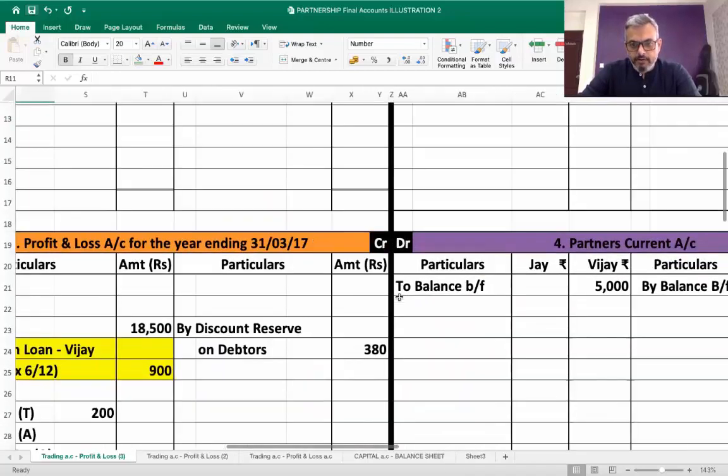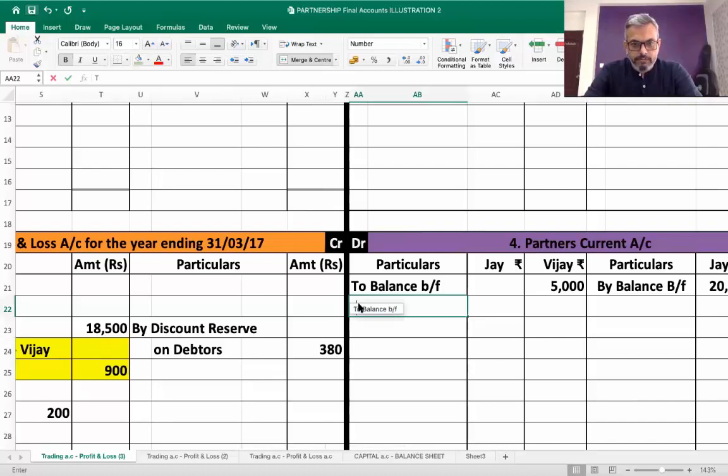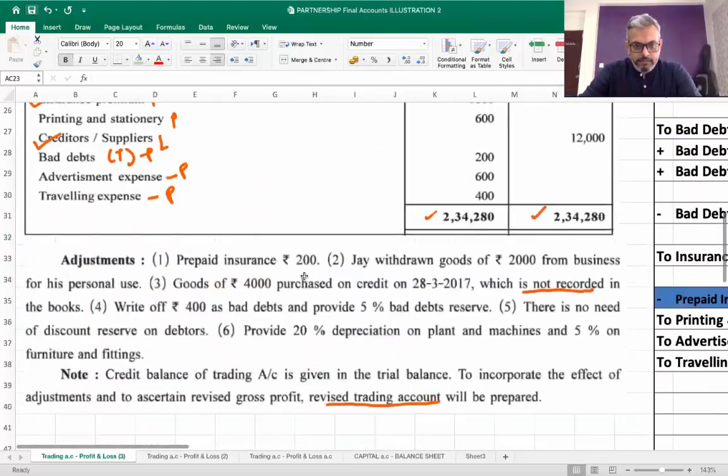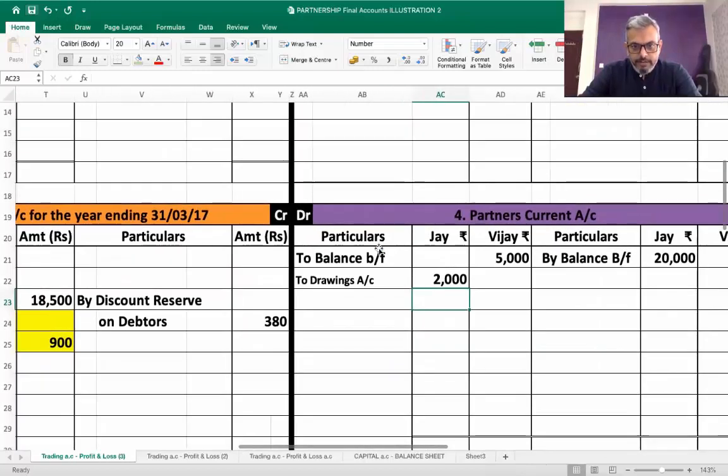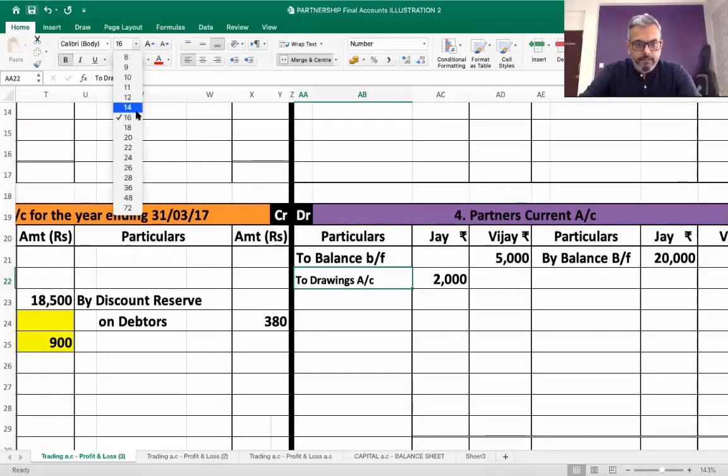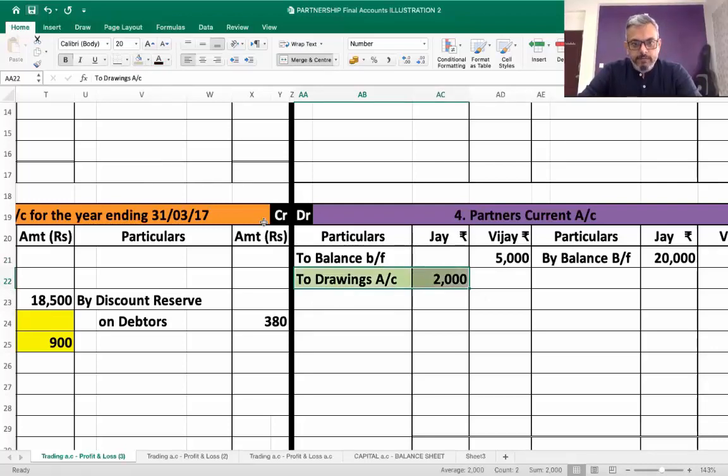Second effect, current account, debit side, to drawings 2000. Jai has withdrawn, so in the column of Jai. Next. Let me highlight this. Okay.